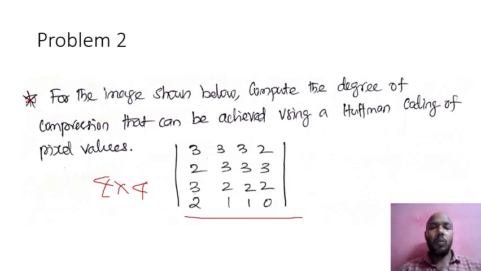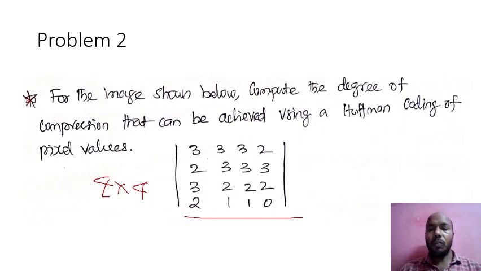I told you that if we apply a compression algorithm, we should know the probability of the pixels, that is, the source symbols. In the previous problem, they gave 6 symbols with probability values. Here they don't give probability values, so we have to compute the probability values from the pixel values. The probability is based on the occurrence, the number of times the pixel is repeated in the image.